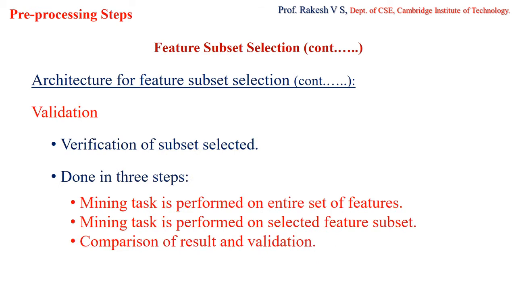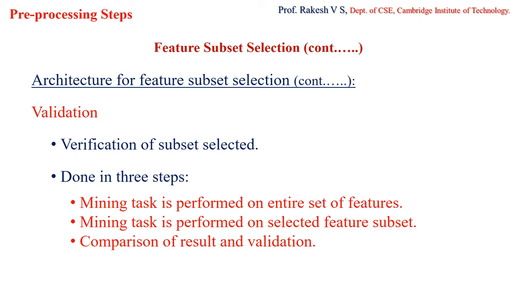So next is validation. Once the stopping criterion is identified, which means that we have obtained the required subset, there might be one subset, or it might be more than one subset available at the end when we reach the stopping criteria.